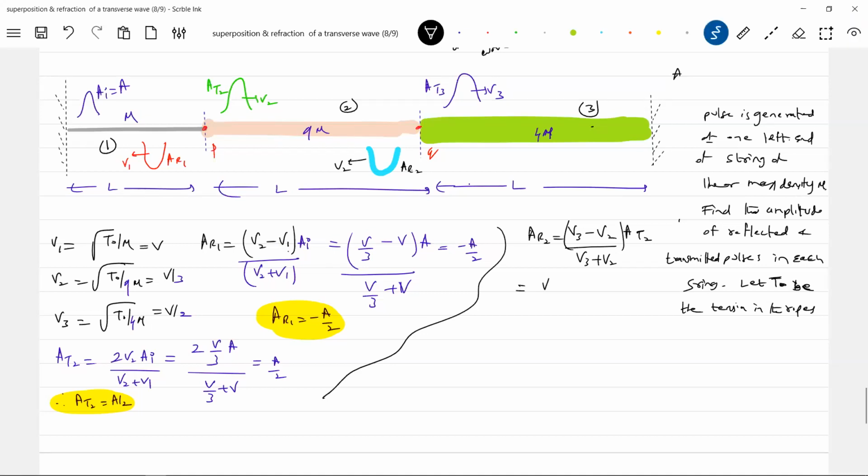What is V3? V by 2, V by 3. What is AT2? It is A by 2. So AR2 is A by 10.